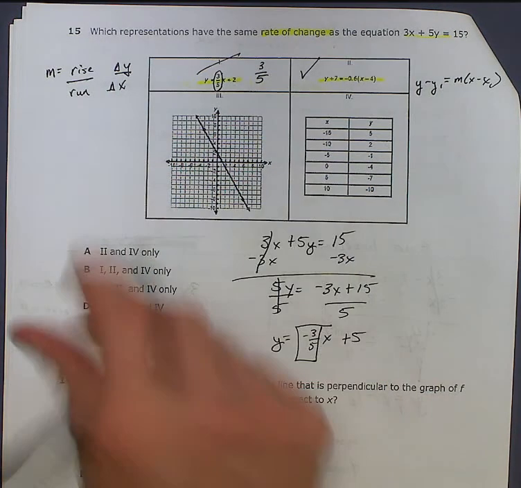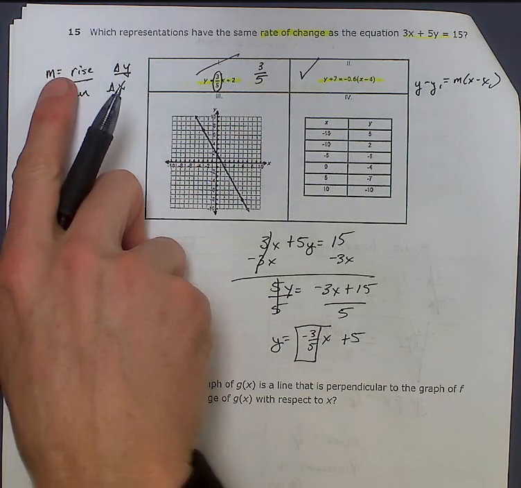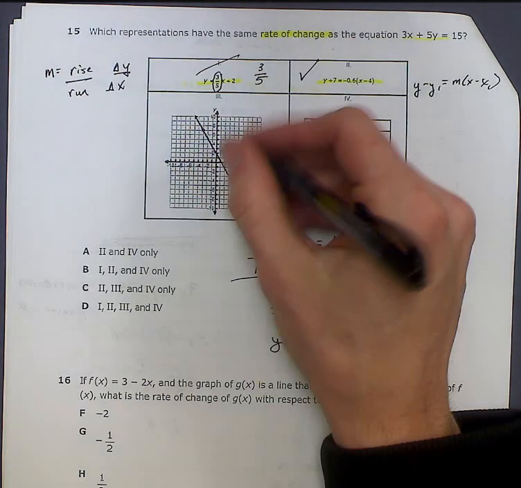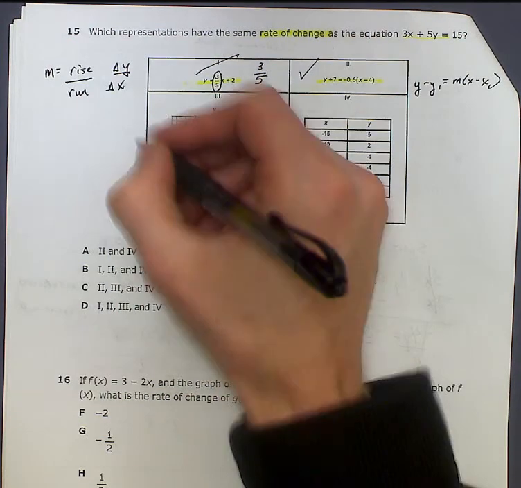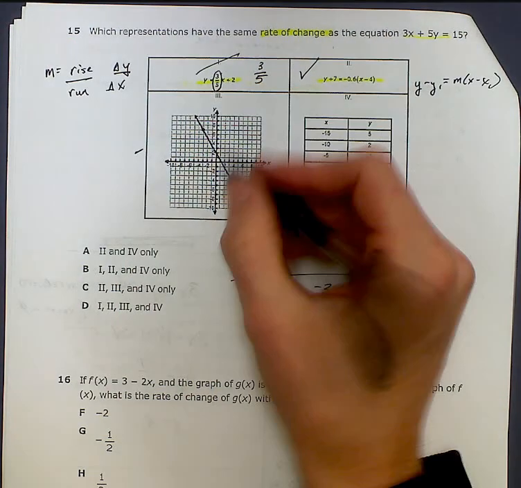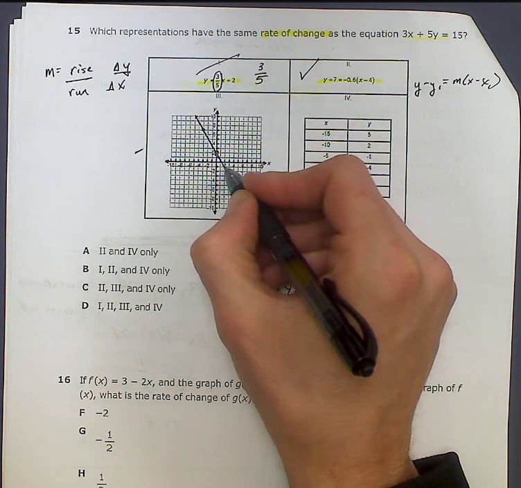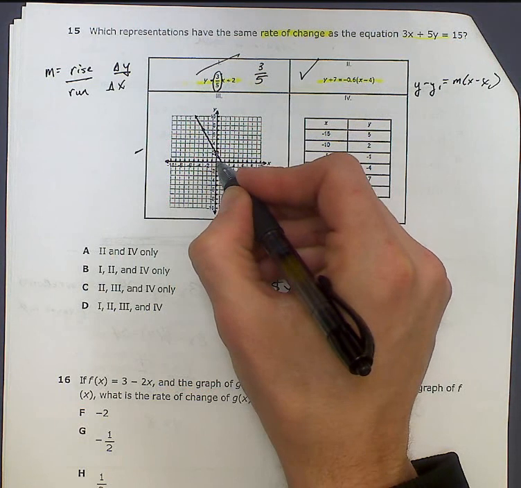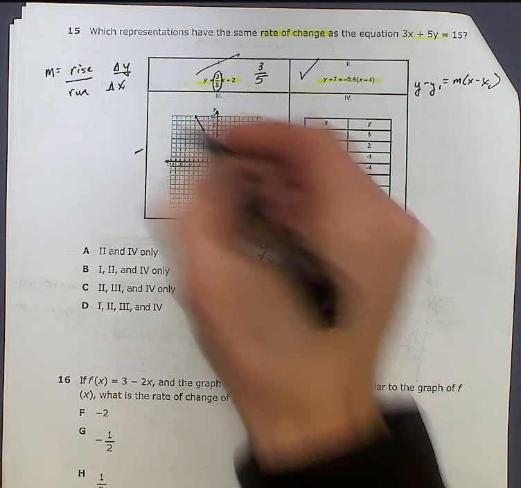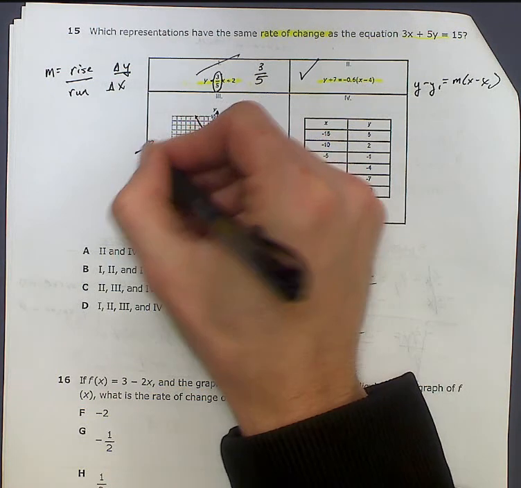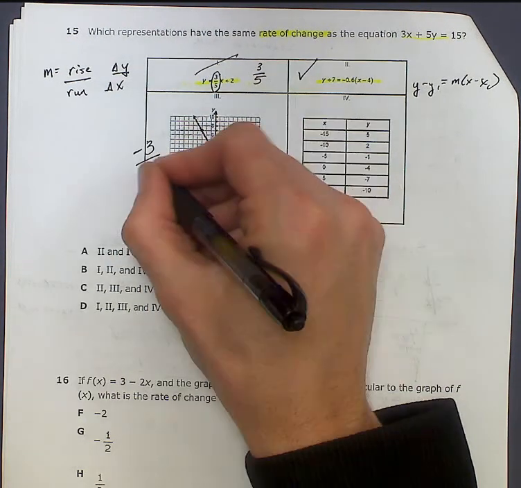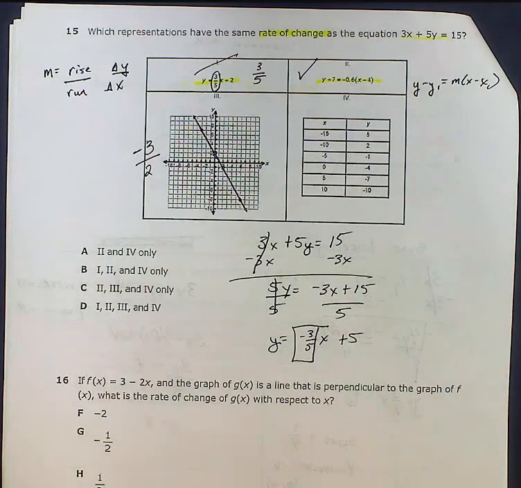Well, if slope is rise over run, and I don't rise here, I fall, that means that my slope is actually going to be a negative, but it's going to start here, and it's going to end right here. So I'm going down 1, 2, 3. So it's negative 3, but I only move over twice. So it's negative 3 over 2. So number 3 is out.